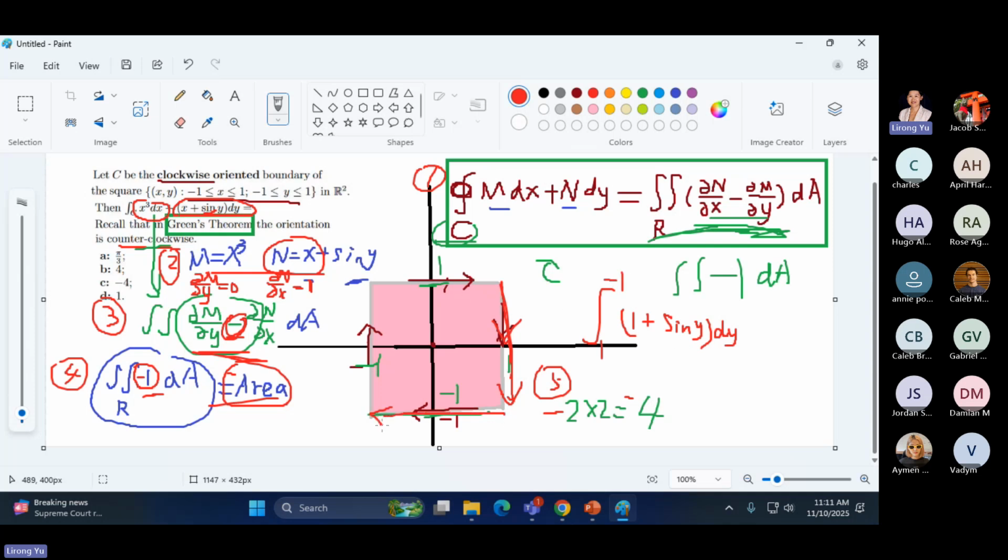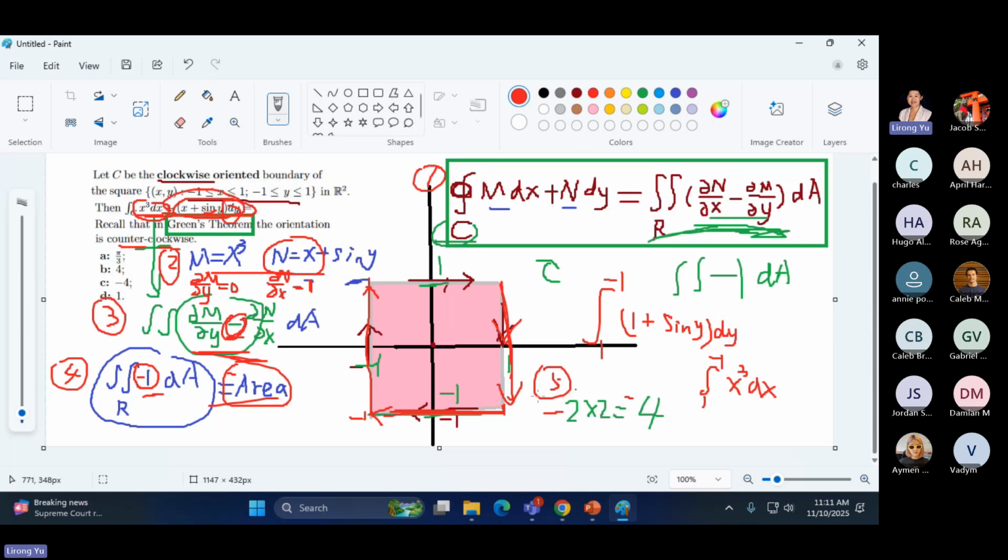But on this part, you can see that dy is 0, because there's no change to the y value. You have dx. So on that part, you're going to have the integration of x cubed dx, where the x value goes from 1 to -1. Then we also have the x dx equal 0.